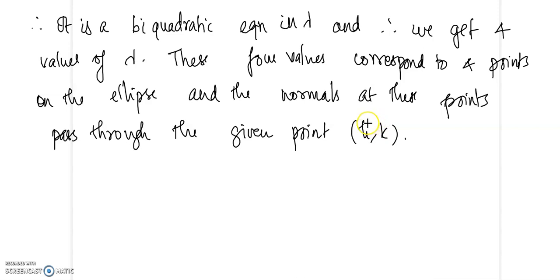So we have got 4 points on the ellipse such that the normals pass through the given point H K.